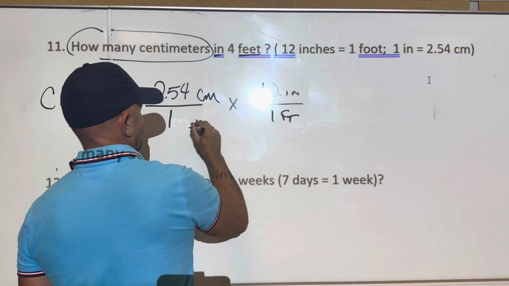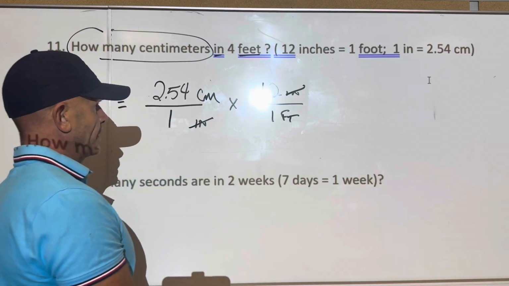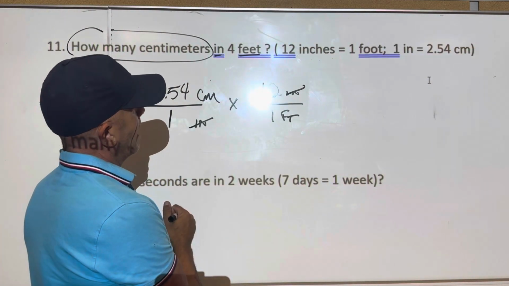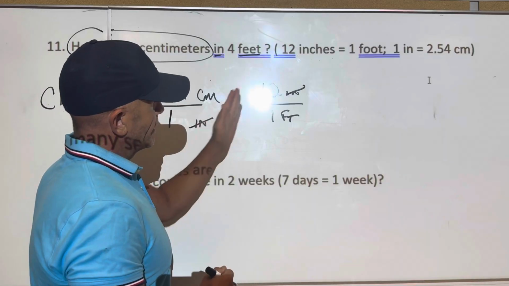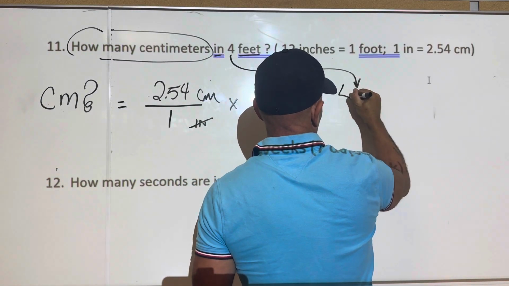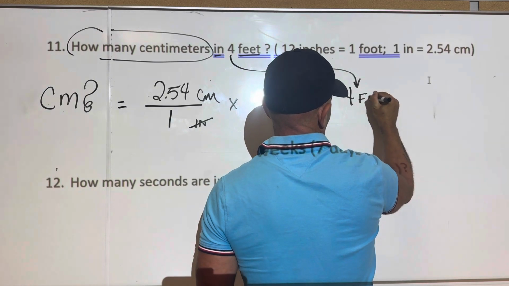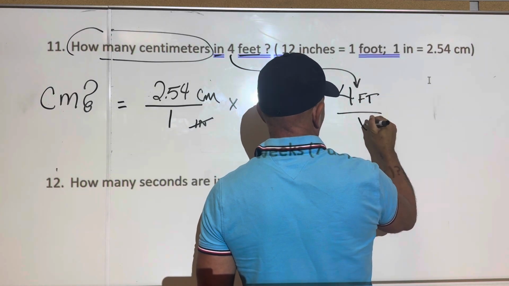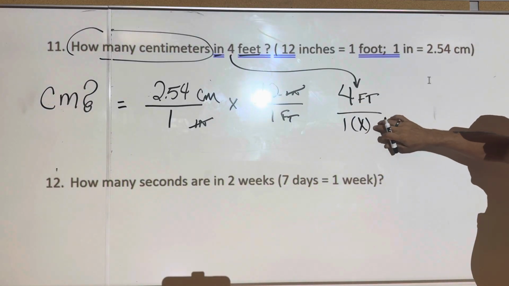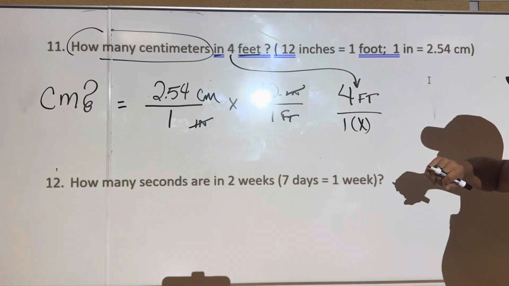Okay? Mark that out already. Cross that out, because that's what we did. Brought that over. Well, now, what's the next one? Well, there's nothing else, so we got 4 feet. So we bring 4 feet over X. That's what we're looking for. This is going to be centimeters at the end, okay?